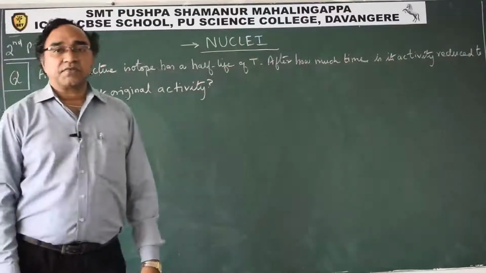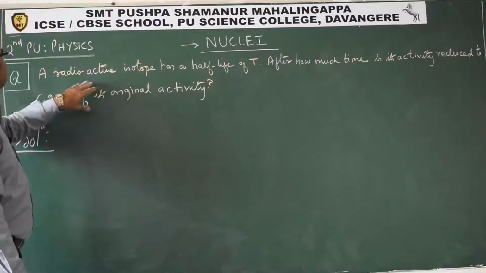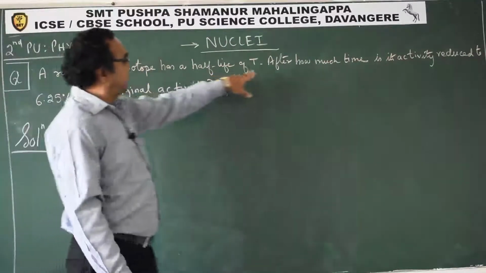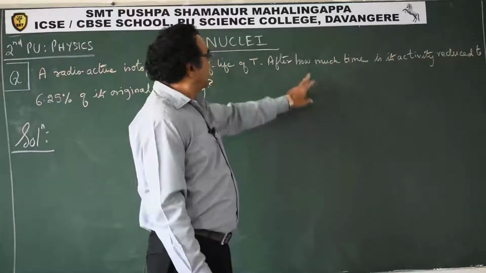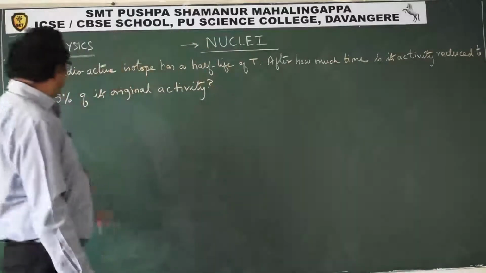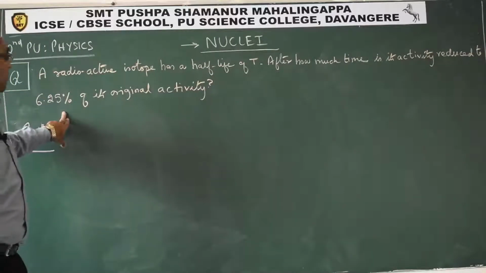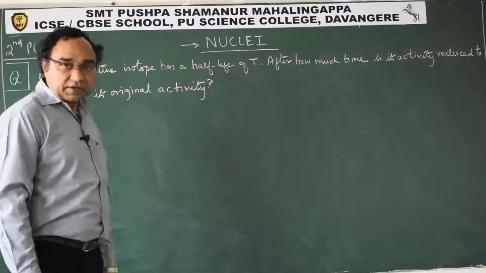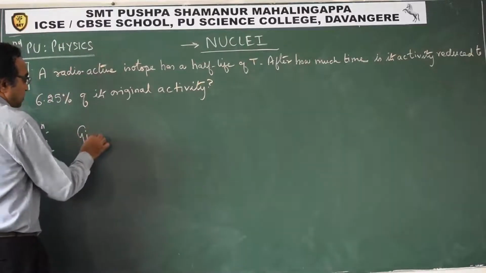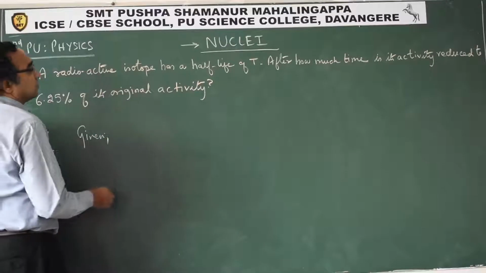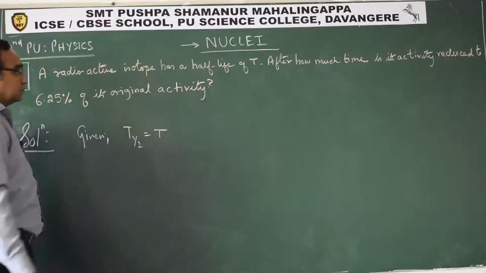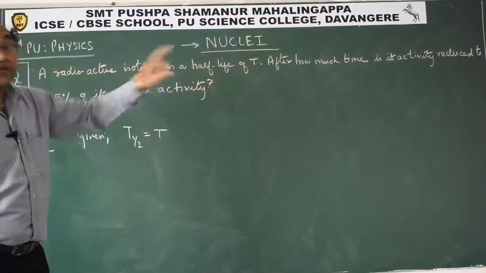Well students, let us take one more question. The question reads like this. A radioactive isotope has a half-life of T. After how much time is its activity reduced to 6.25% of its original activity? So what is given? Given half-life is T. After how much time is its activity?